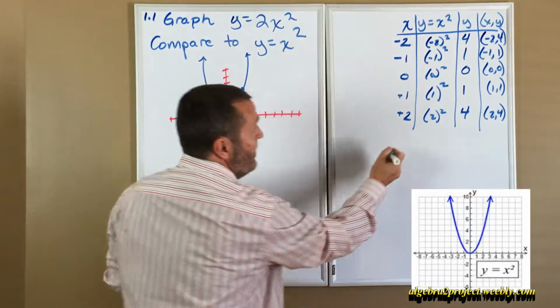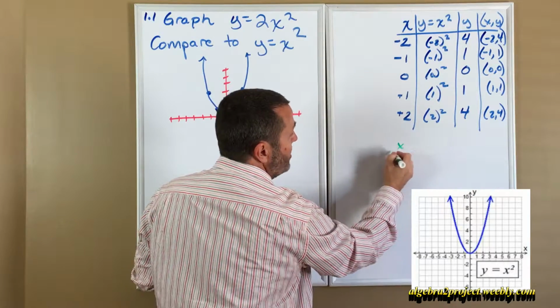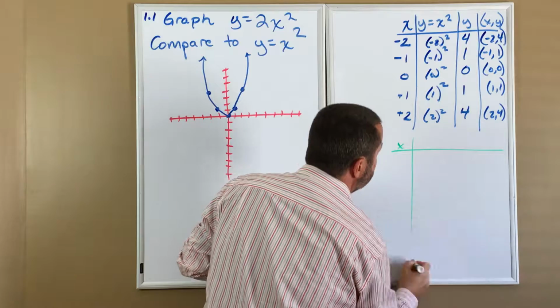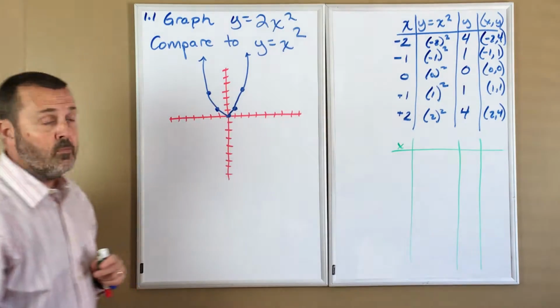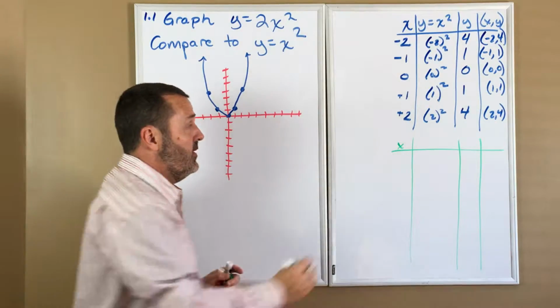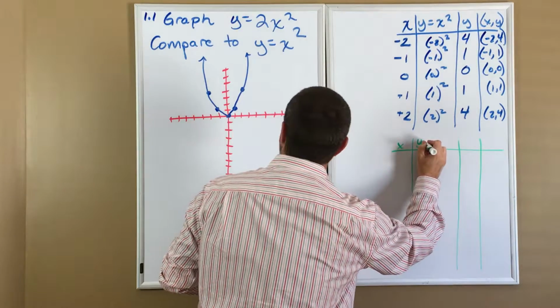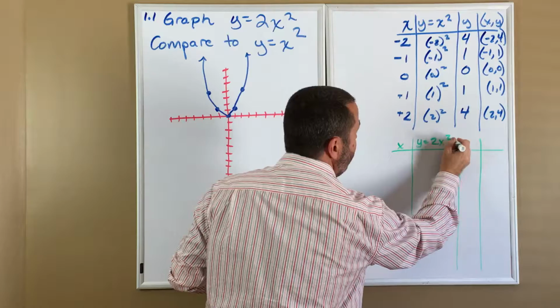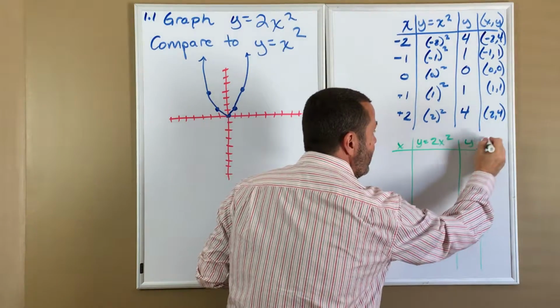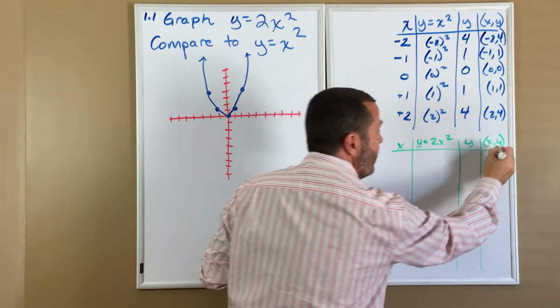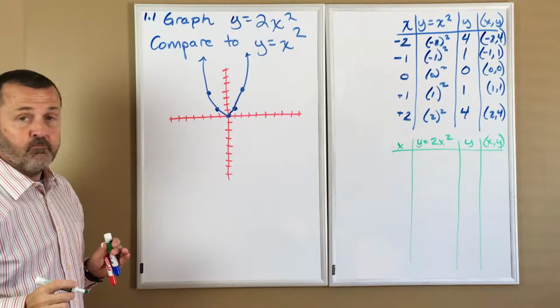I will go over here and make another chart or table. That's my x column. I will put my function y equals 2x squared right there. That will determine my y, and then I will have my ordered pair x, y.